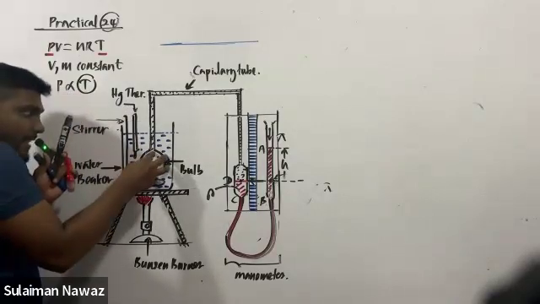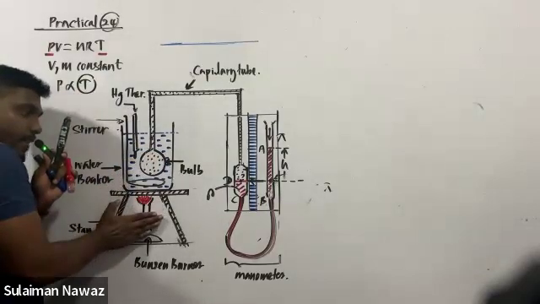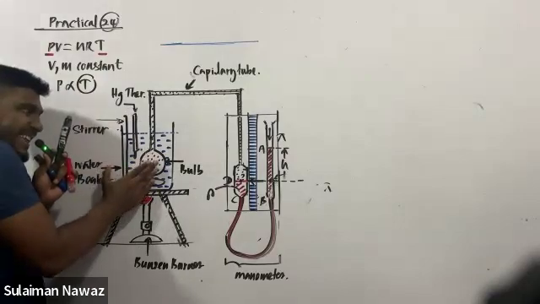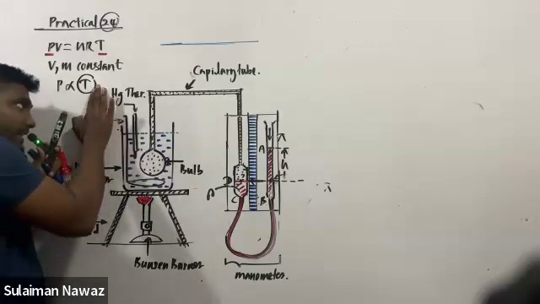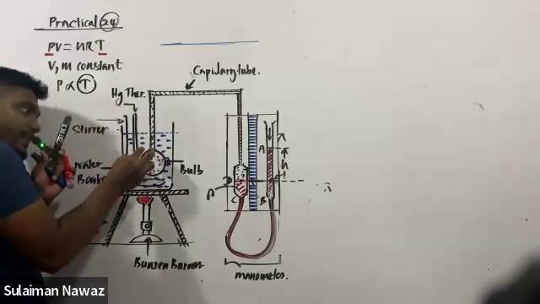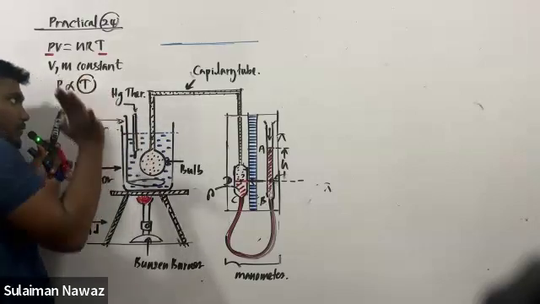You are going to change the temperature of the gas sample by heating it with the Bunsen burner, and you measure the temperature using the thermometer.